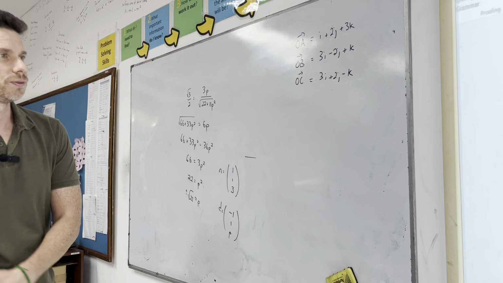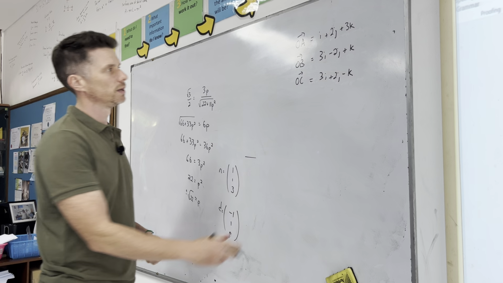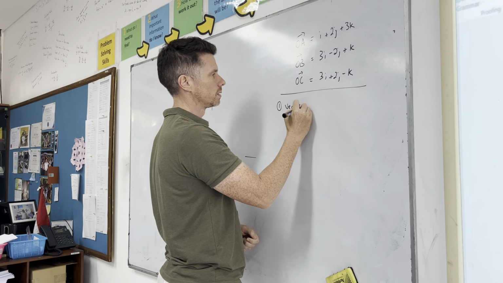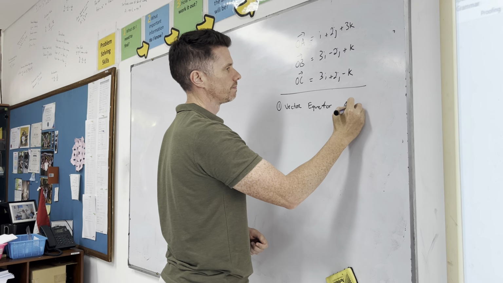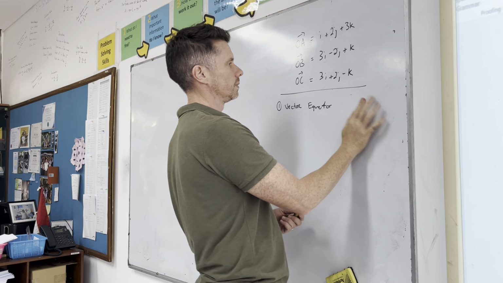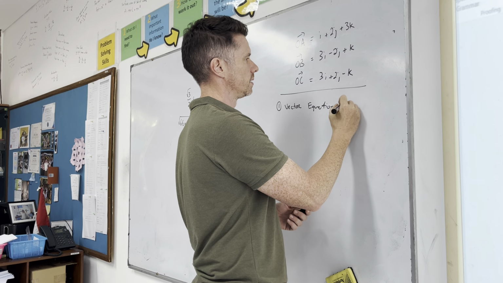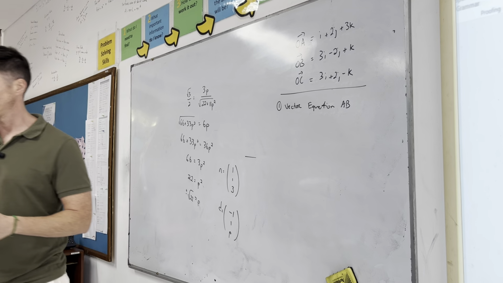The first thing I want to do is find the vector equation of AB. Not the vector, that's not how you spell equation. Okay, so the line AB, we want to find the vector equation of that.